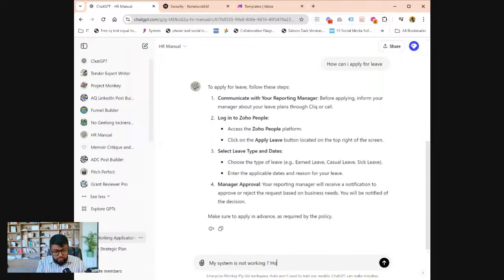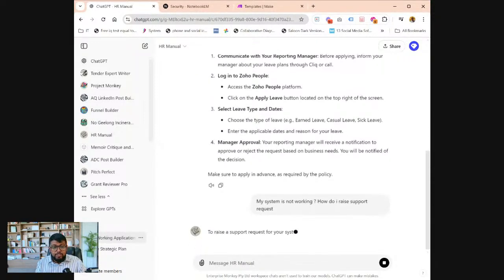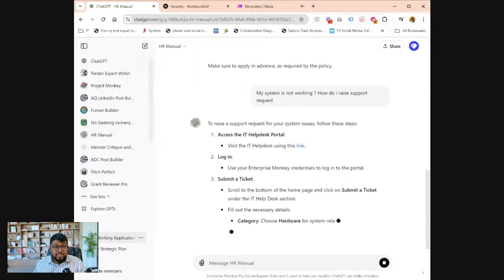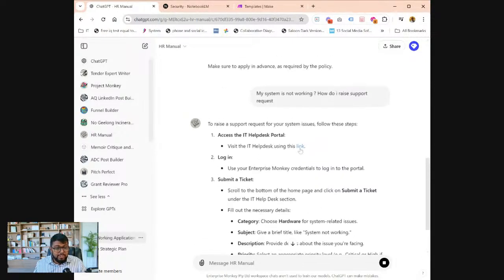How do I raise a support request? You don't even need to say that. It will actually understand. And then it would say to raise a support request, access the IT help desk portal, and then it gives them the link of the help desk portal.